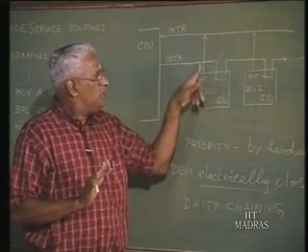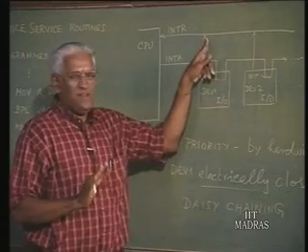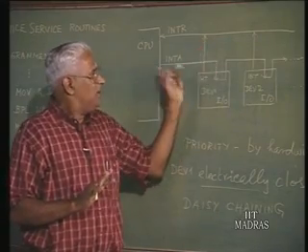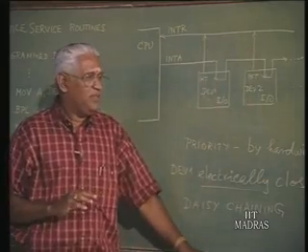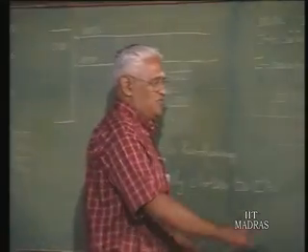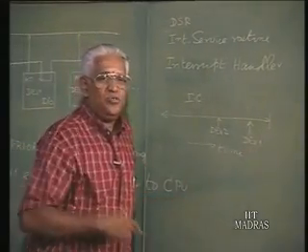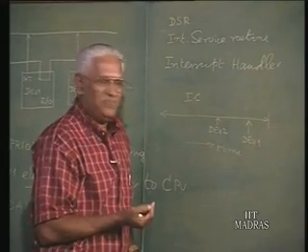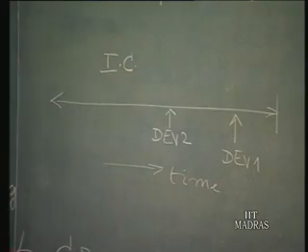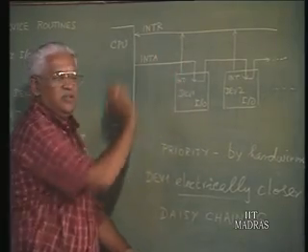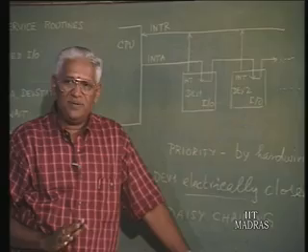Now, this interrupt signal will not be there when the device 1 service has started and it is going through the first instruction cycle, and at that instant it is meaningful to assume that this interrupt input will not be there.